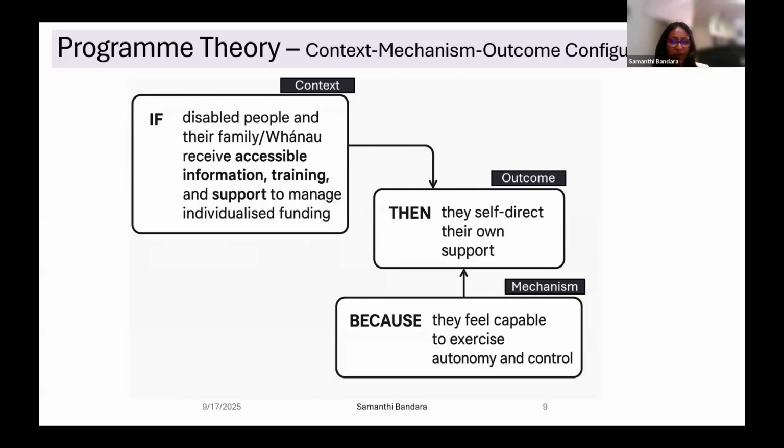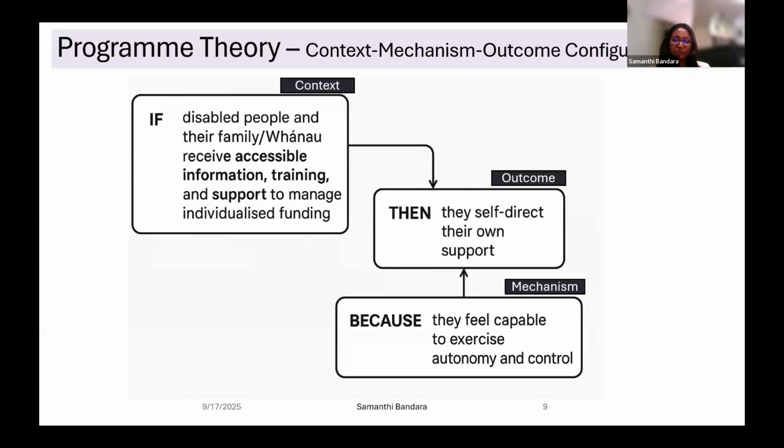That is called outcome, because these resources enable them to feel capable of exercising autonomy and control. So this is the very basic program theory at the initial stage that I call a hypothesis. Then this is what I take to the field to talk with people using the teacher-learner cycle. This is one example I wanted to show you.